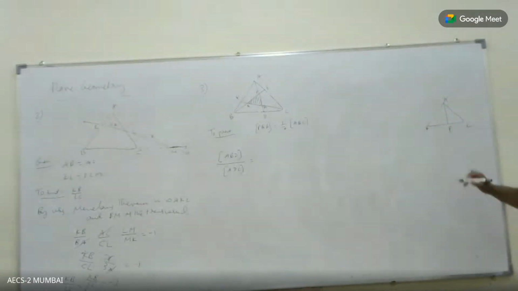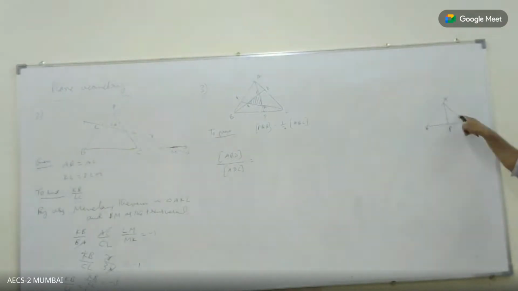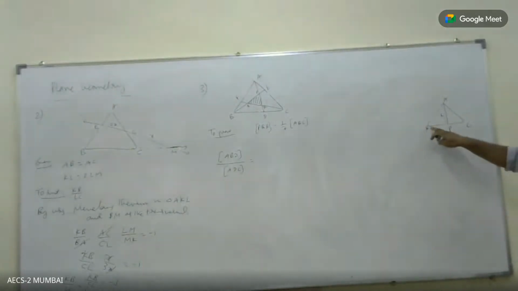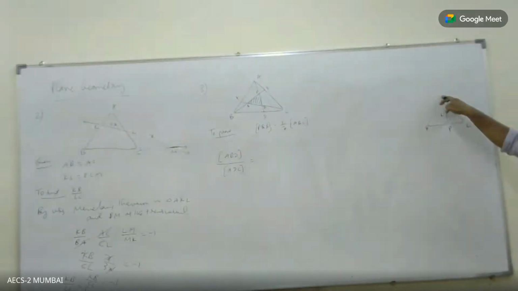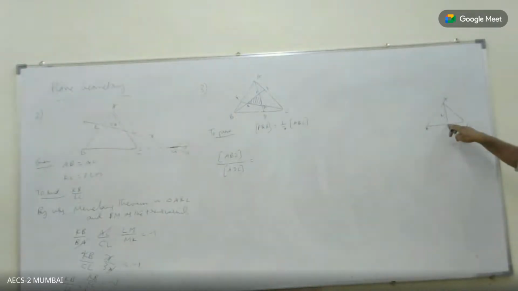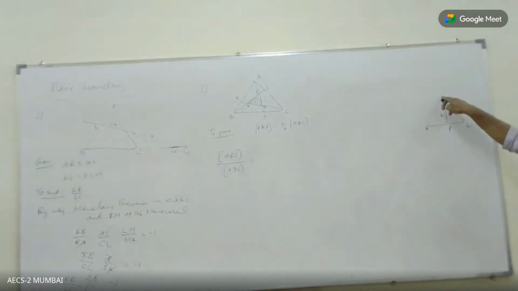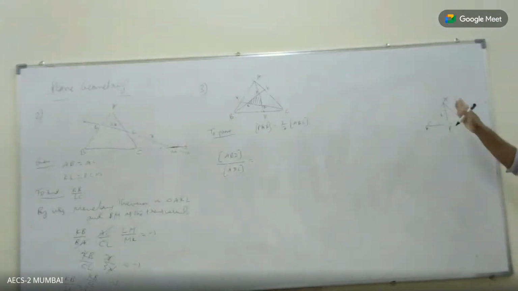Let us say this is P. What is the ratio of areas of these two triangles? BP by PC. How does it work? You have a common height h. What will their area be? Half into base into height. What is this area? Half into base into height. Same height. So if you find the ratio, half will go, height h will go.